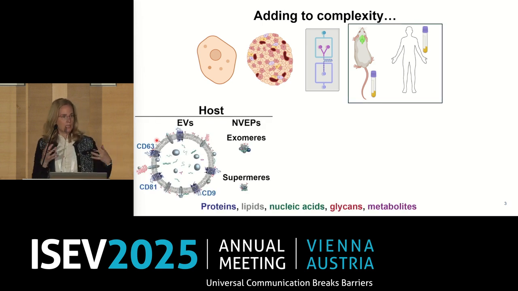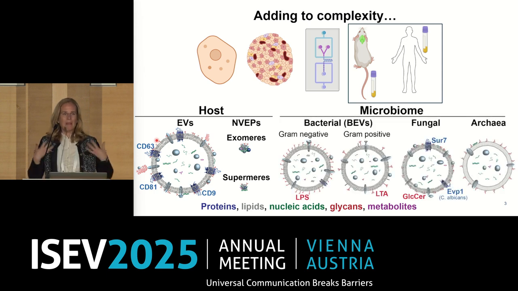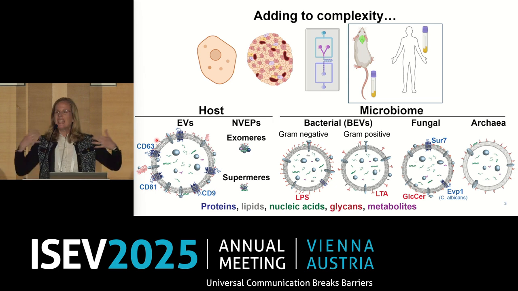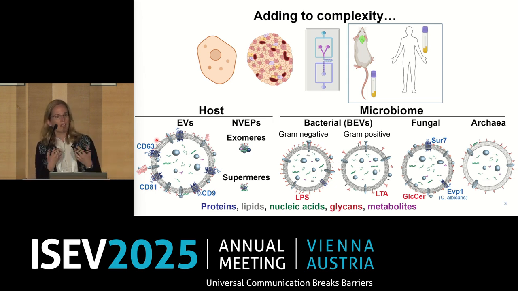We have different types of particles and vesicles, as we discussed. But in our human system, or in animals, we have these additional vesicles from the microbiome. You just heard Hendrix comment, and earlier also Clotilde mentioned bacterial vesicles, those are Niel vesicles, fungal, right? There is a lot going on, and we need to find those vesicles that we care about.